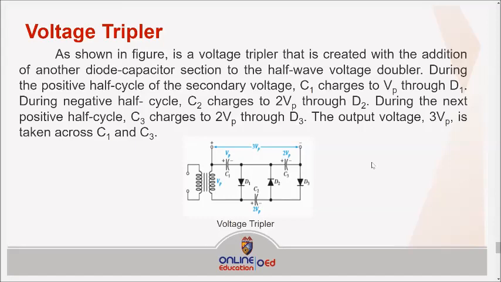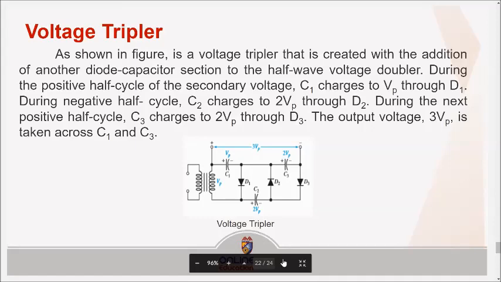Then sa diode is meron tayong dalawa, D1 at saka D2. Then during yung positive half cycle nito, yung secondary voltage natin tsaka yung capacitor 1 is magcha-charge siya to VP. Okay, that's the connection or the application. Then ang magiging output lang nito is 3 beses nung peak voltage, 3 VP natin.